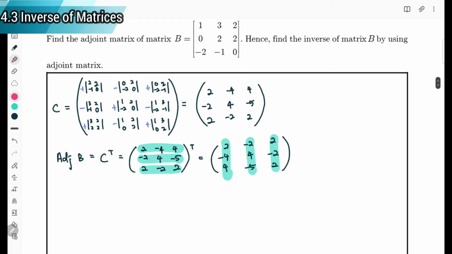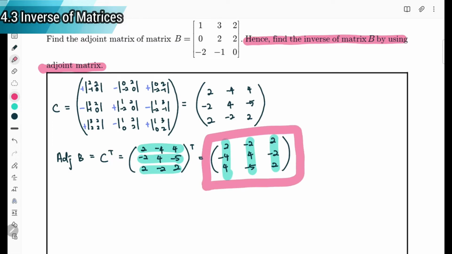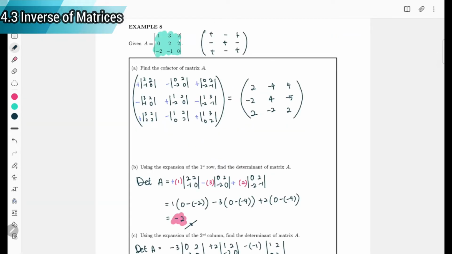Now the second part of the question is, hence find the inverse of matrix B by using the adjoint matrix. So we have to use this adjoint matrix that we found. Let's find the determinant first, the determinant of B. For the determinant, you can also refer to example 8.